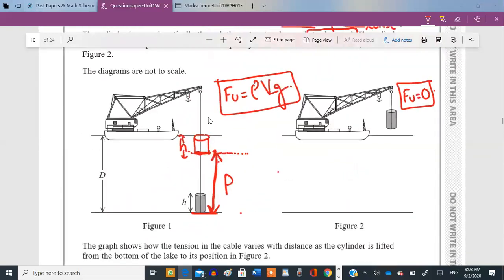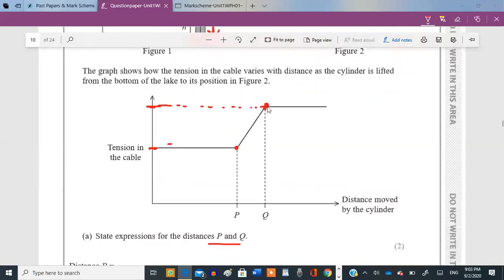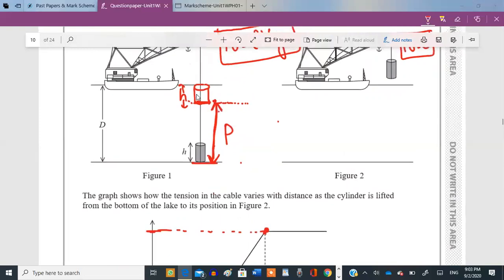And as soon as this object moves out, if you look at the Q, it's immediately after this steep line and immediately at the start of the horizontal line. Immediately after the steep line means immediately after this base reaches this point over here on top. That's the point Q.